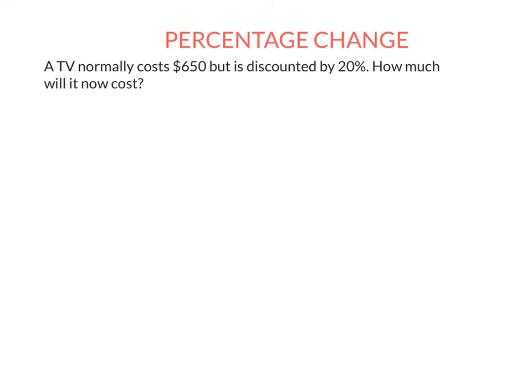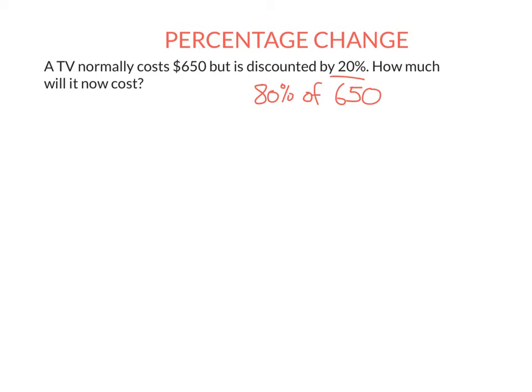Instead, what I want us to realize is that if we discount something by 20%, if we take away 20% of the price, that means we're only paying 80% of the usual price. So to figure out this question, I could just find 80% of 650. Now remember, the way that we calculate percent of a quantity, we take the percent and change it to a fraction or a decimal and change the "of" to a times.